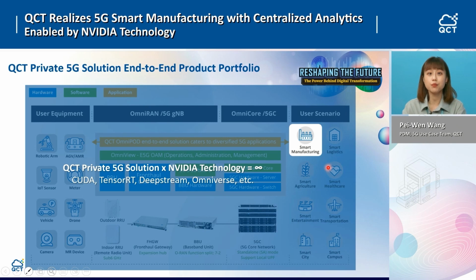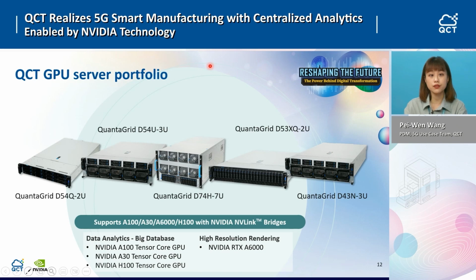Based on QCT Private 5G, QCT validates NVIDIA technology such as TensorRT and DeepStream to realize AI visual intelligence use cases, and to create a digital twin on the Omniverse platform. And of course, GPU plays an important role in the use cases mentioned before.